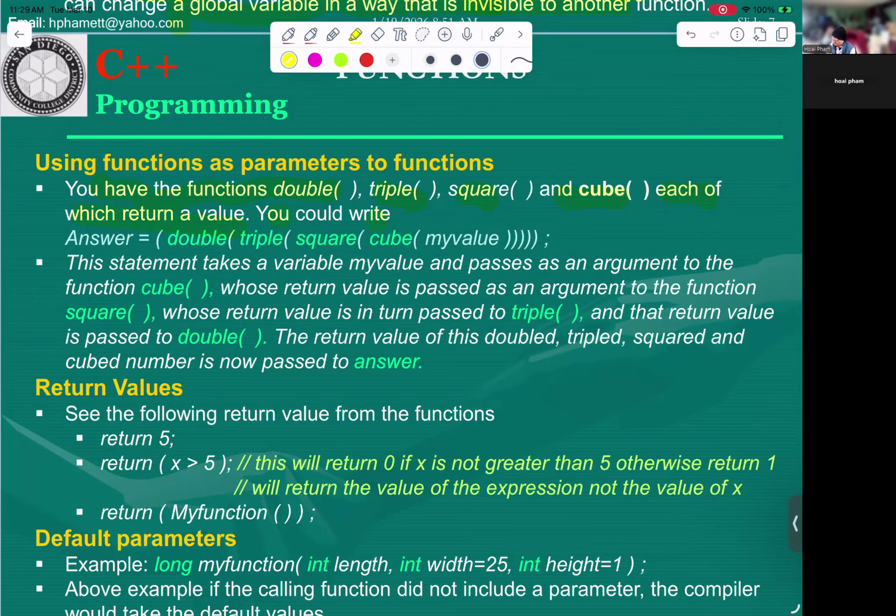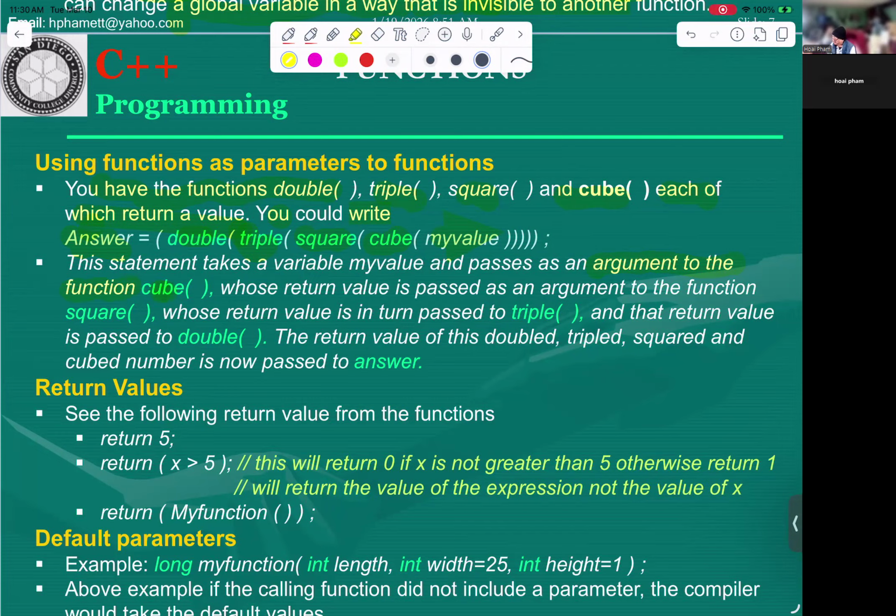You could write answer equal double, then triple, then square, then cube, my value. Now see, this statement takes a variable, my value, and passes it as an argument to the function cube.